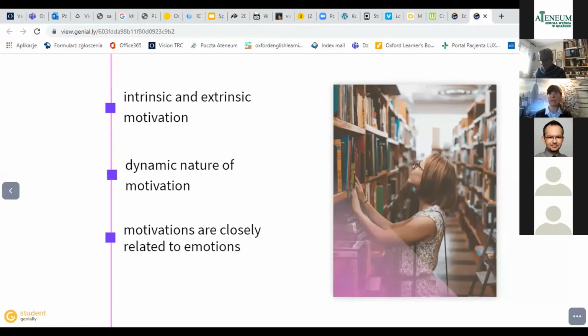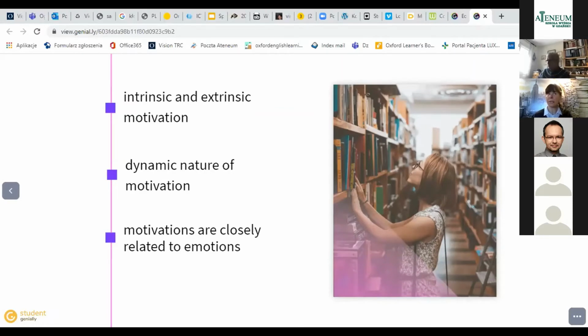When it comes to the dynamic nature of motivation, it is important to see that we have experienced some changes in understanding this aspect of motivation. In the 1990s, it was believed that motivation is just there.